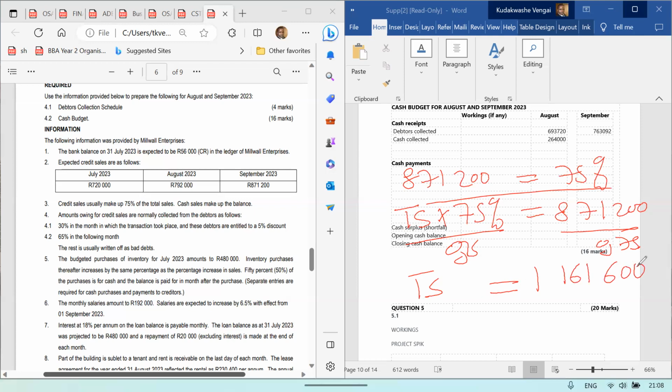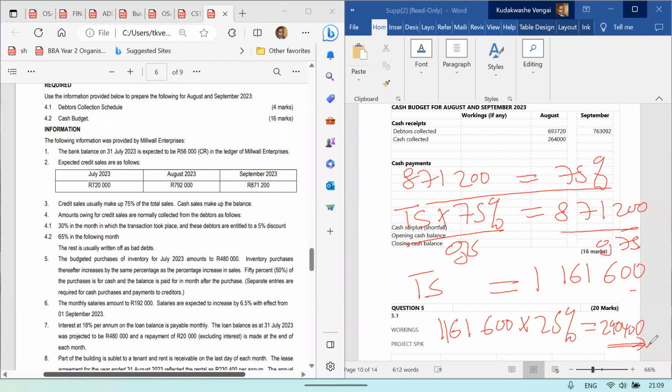1,161,600. And then we want 25% of that. So 1,161,600 multiplied by 25% is equal to 290,400. Right? And then we indicate that as our sales for September.